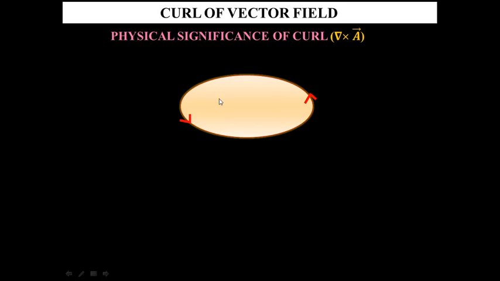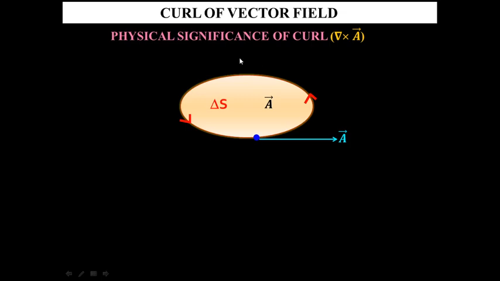Suppose the area enclosed by this curve or path is delta S, and suppose A vector is the vector field, and this is a point on this curved path. The direction of the vector field will be the tangent to the curve.